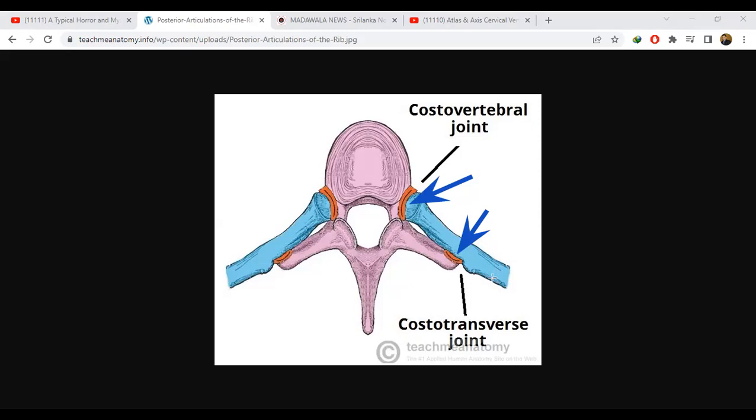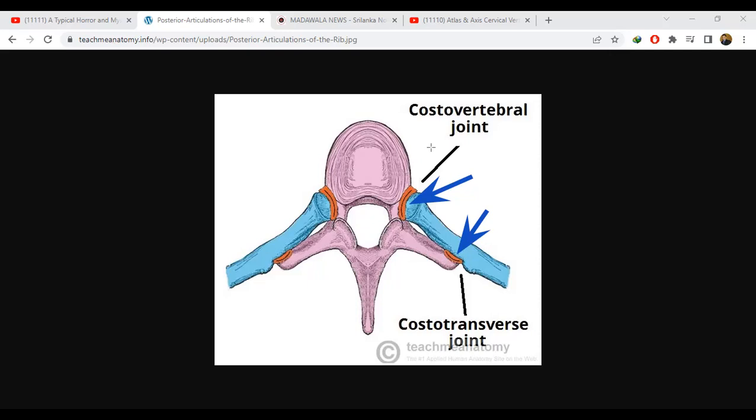Yes, sir. So for one rib in the thoracic vertebrae, how many articulation points are there?